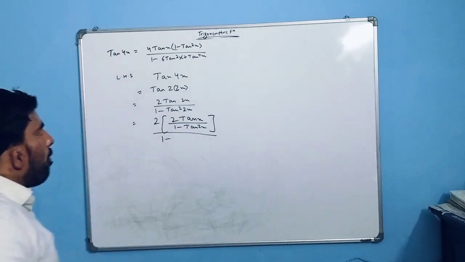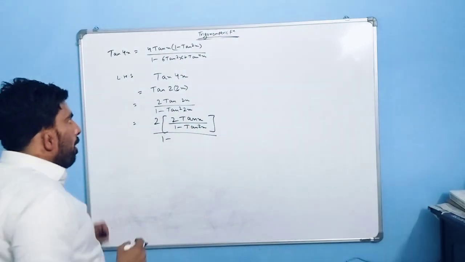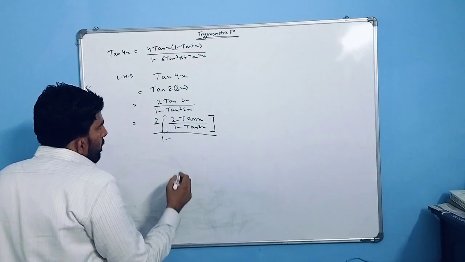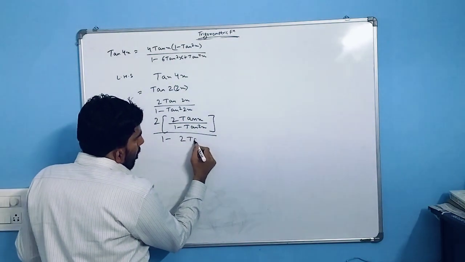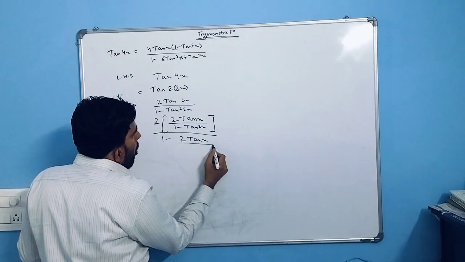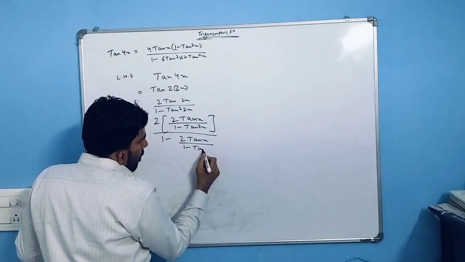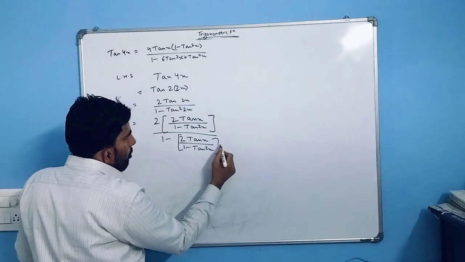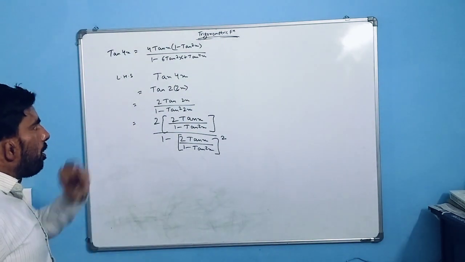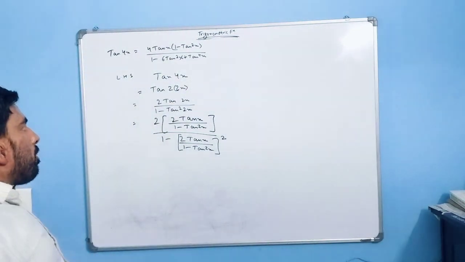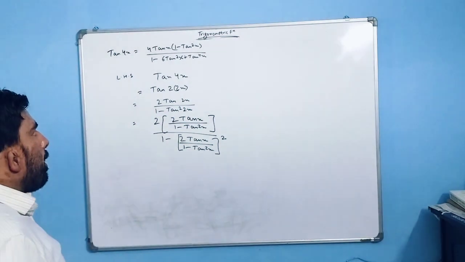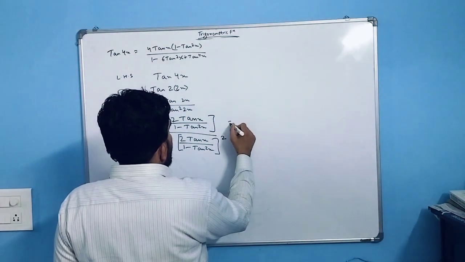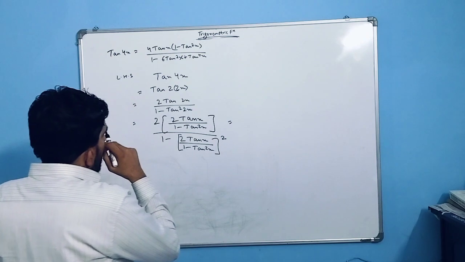The whole thing gets squared, so we will use that one. Now the next thing is we just multiply with it.